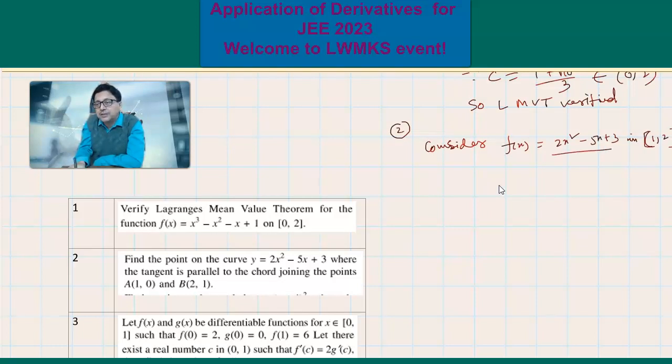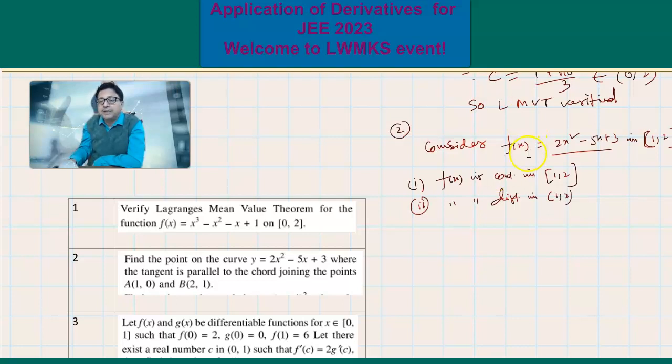So this is a polynomial function and the interval is 1, 2. Without any hesitation you can say that f(x) is continuous in 1, 2. f(x) is differentiable in 1, 2. Why? Because f(x) is a polynomial function. This polynomial function must be continuous in this interval, it must be differentiable in this interval.